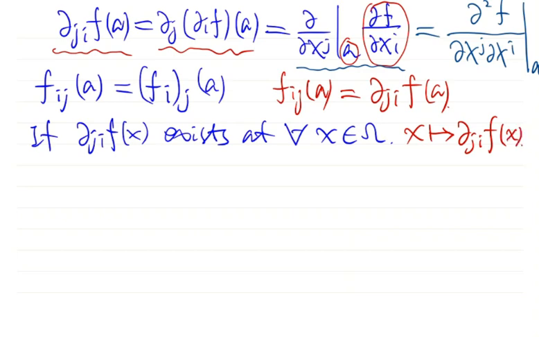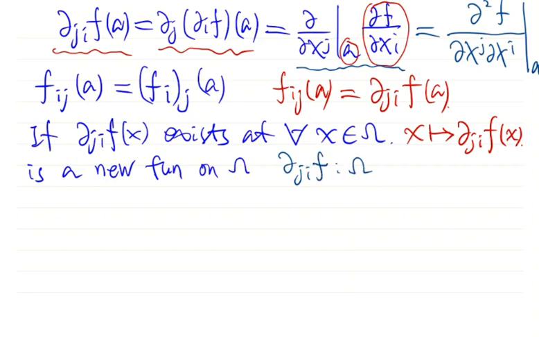This gives us a new function defined on omega, which we denote by dji f. The value of this new function at the point x is precisely the second order partial derivative dji at this point x.